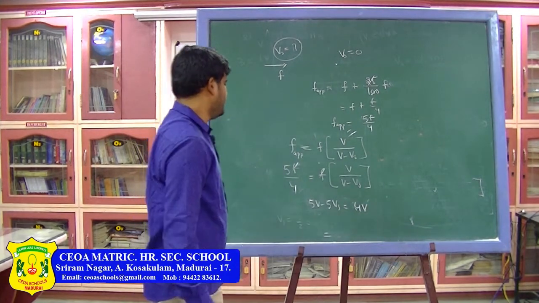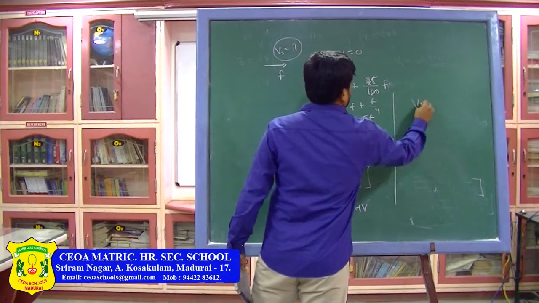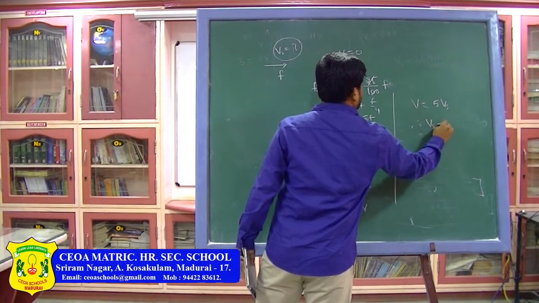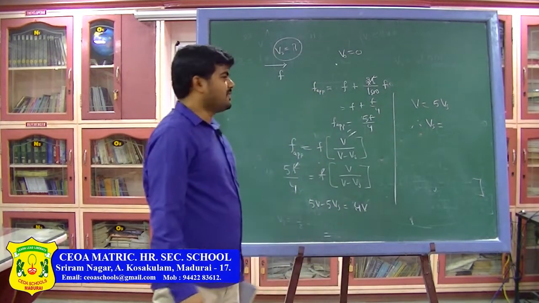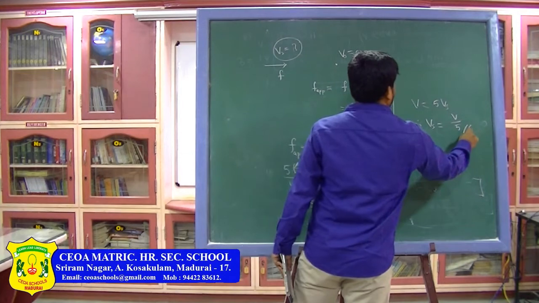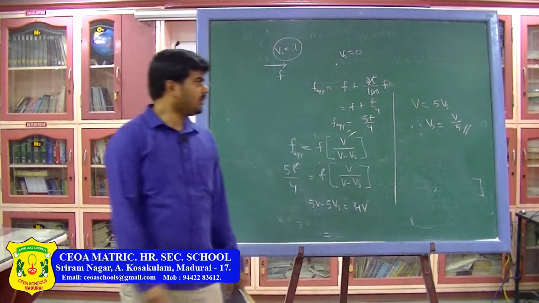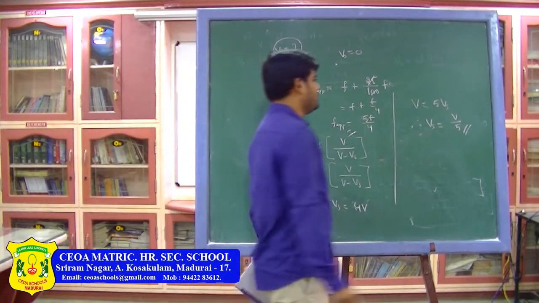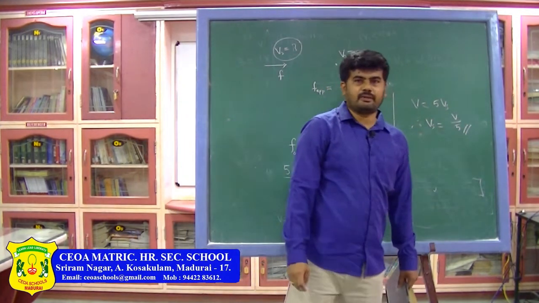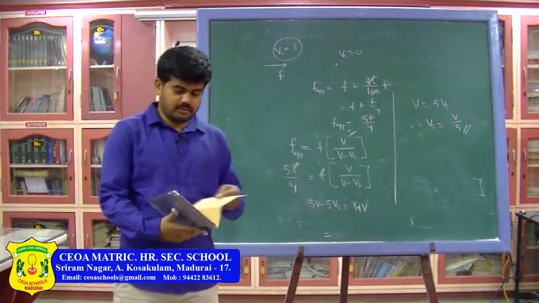Simplifying this for Vs, you will get 5V minus 4V, which is V, equal to 5Vs. Therefore, the speed of source, that is Vs, is equal to the speed of sound in air divided by 5. That is the answer for this problem. So, if they give the speed of sound in air, you can substitute the value and simplify it further. Otherwise, you can take V by 5.